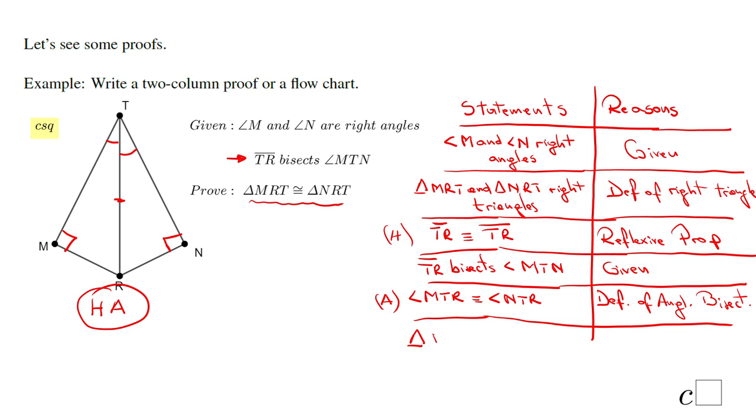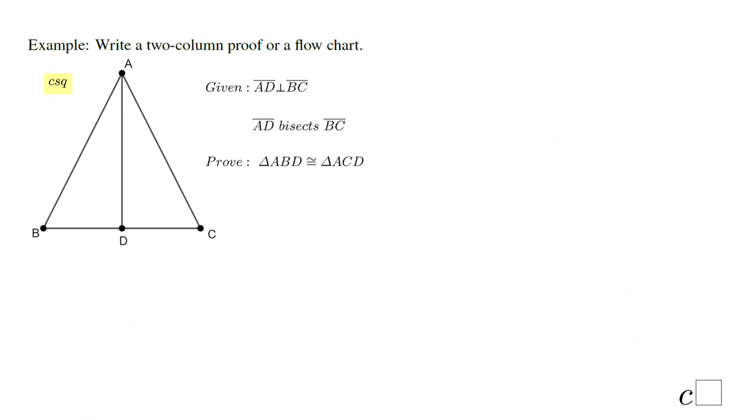Triangle MRT congruent with triangle NRT. This is the last statement. You always finish with this one. And by what? By the hypotenuse-angle congruence theorem. We don't really need these two here. Let's move to the next problem.